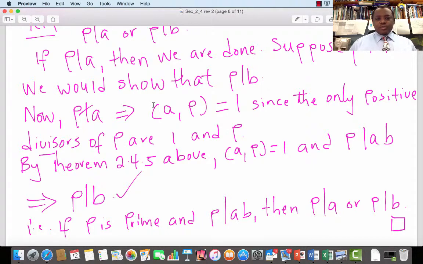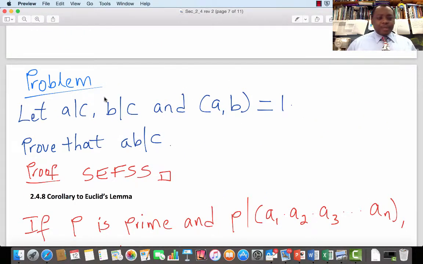So once more, Euclid's lemma states that if p is prime and p divides a times b, then p would have to divide a or p would have to divide b. This is a very important theorem and we shall use it very often in proofs. Here is a quick problem for you to play with as we continue our lecture.